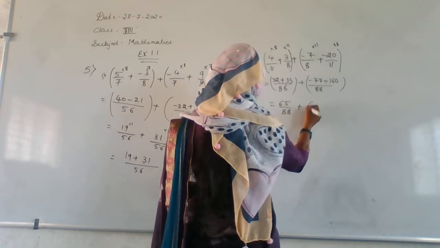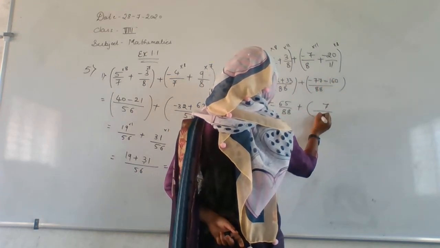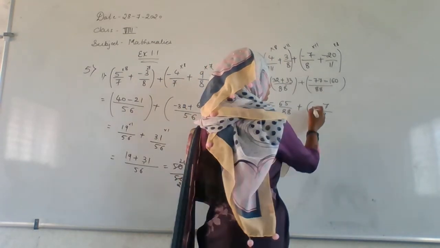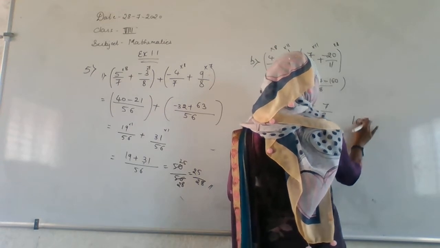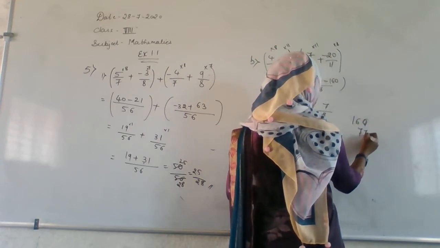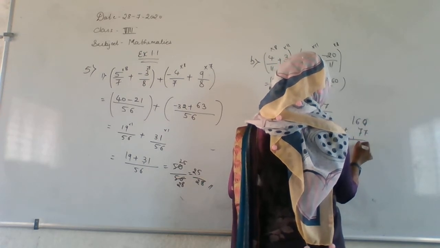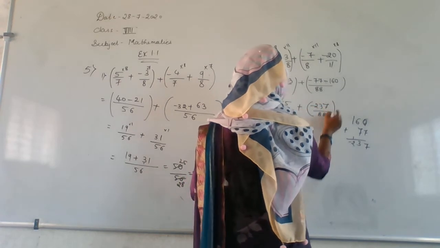And here 77 and 160: we are adding but keeping the negative sign. Just add them, so it will be minus 237.